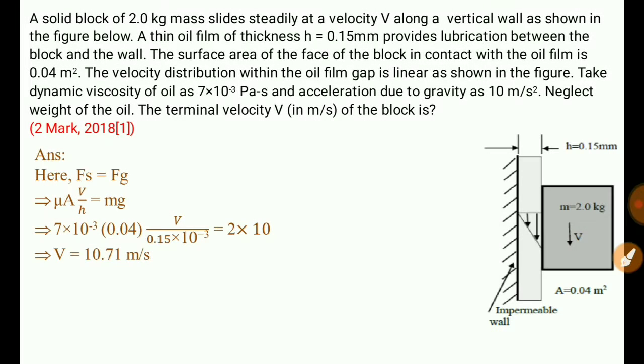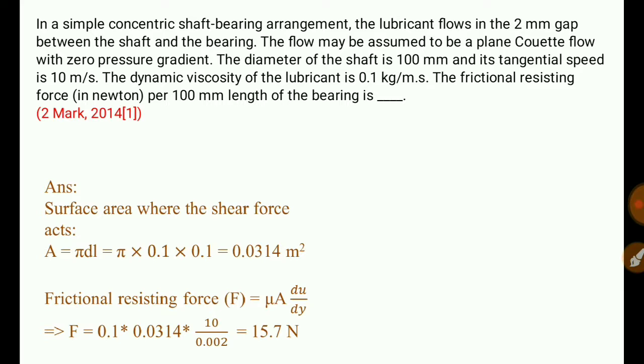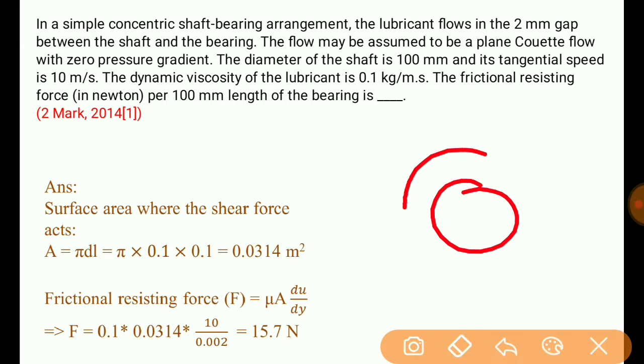In the next question, you first read the question. This is also a previous year question of GATE 2014. In this question a shaft is there and a bearing is there, and the gap between the shaft and bearing is given, that is 2 mm gap.